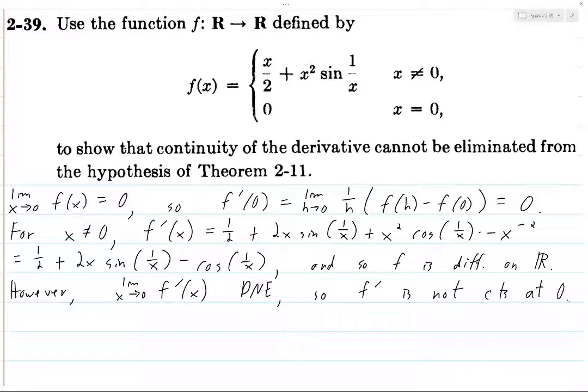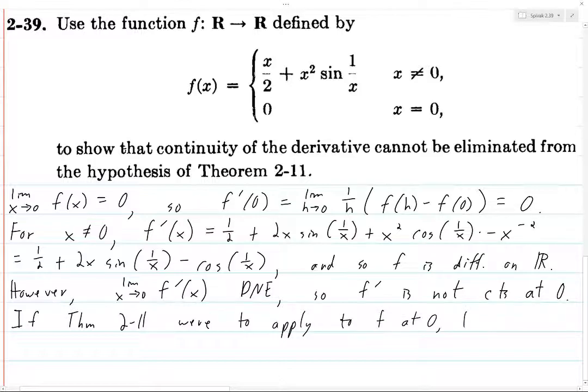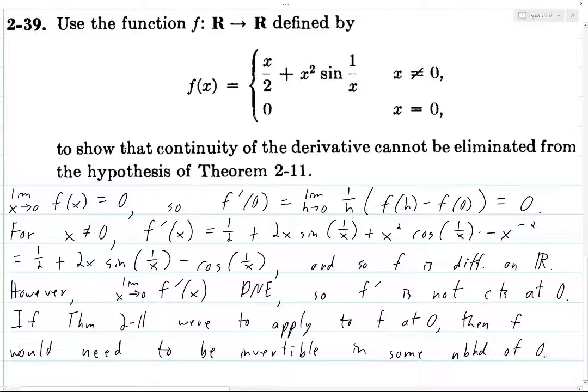We're going to run into problems just with inverting this function in a neighborhood of 0. So if theorem 2-11 were to apply to f at 0, then f would need to be invertible in some neighborhood of 0.